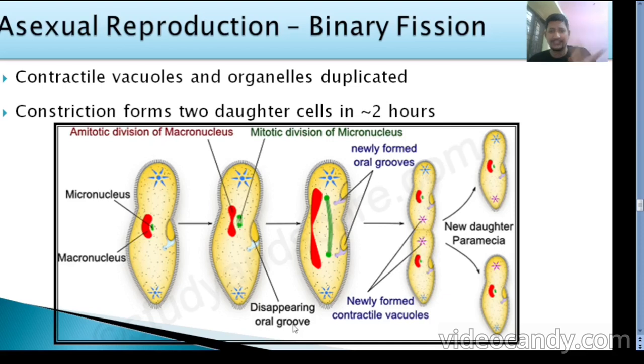You can see the newly formed oral grooves, and two contractile vacuoles are also newly formed. The cell organelles get duplicated, and a transverse or horizontal constriction appears in the middle and cuts the paramecium into two daughter cells.